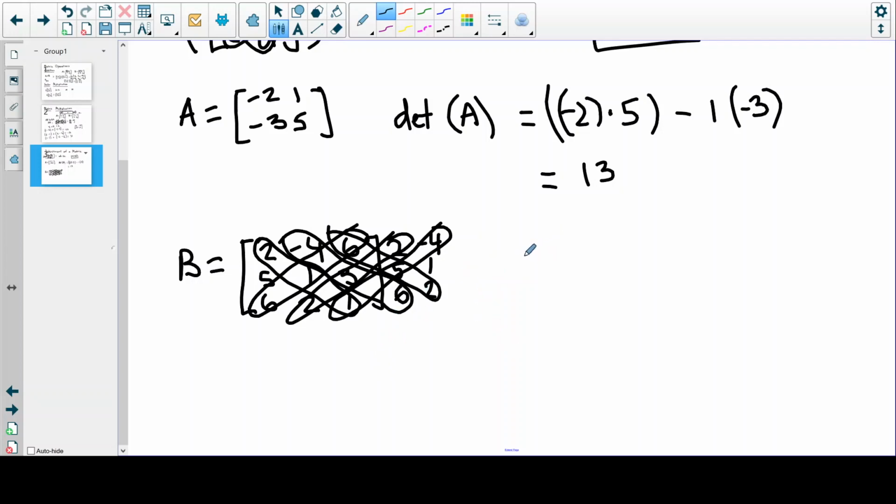The first set of diagonals is going to be 2 times 1 times 1, plus -4 times 3 times 6, plus, remember to keep track of your signs here, it's one thing that gets tricky, 6 times 5 times 2.